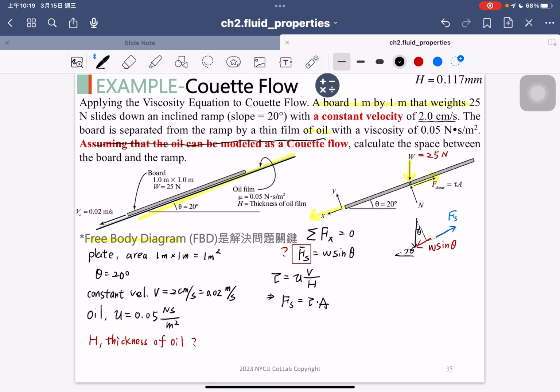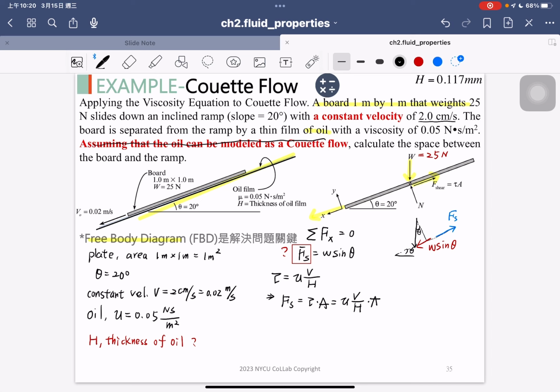And right now the area is the interface between the plate and the table ramp. So we just put tau inside the equation: we have mu, the velocity, and the thickness, and then multiply by the contact area.